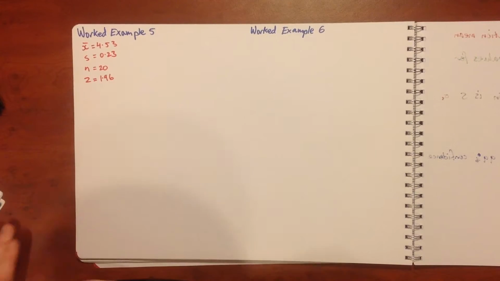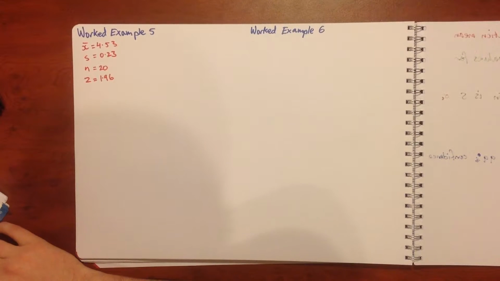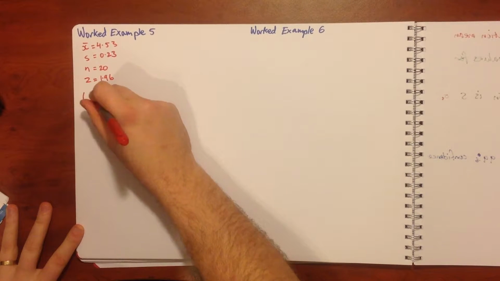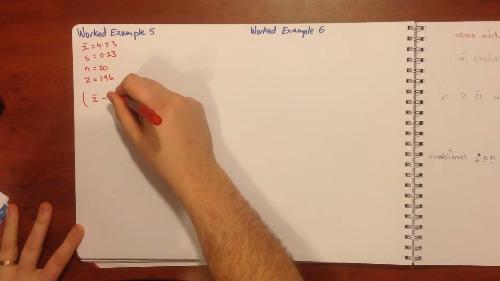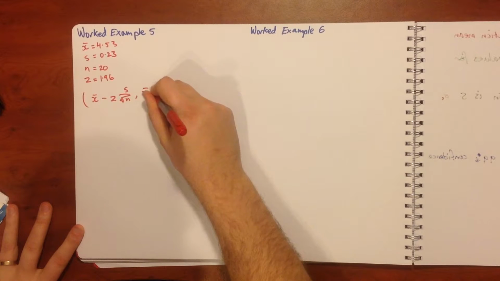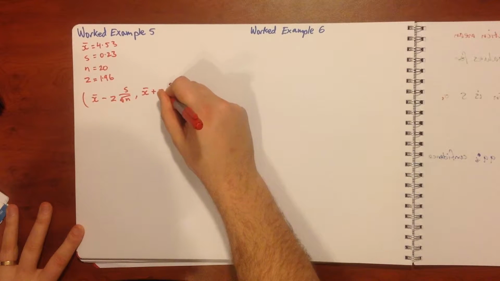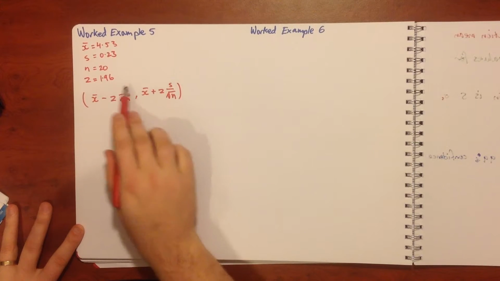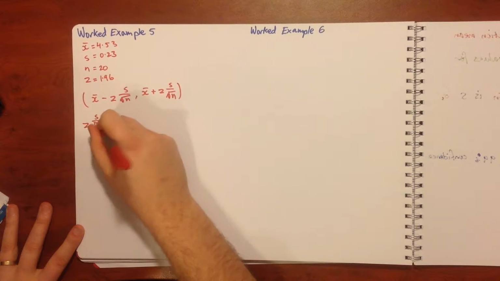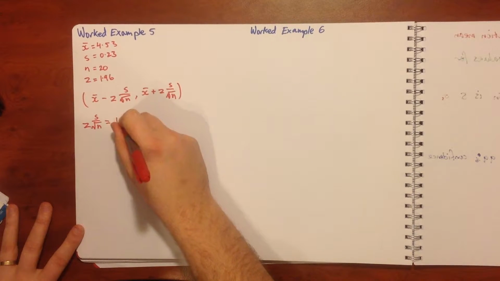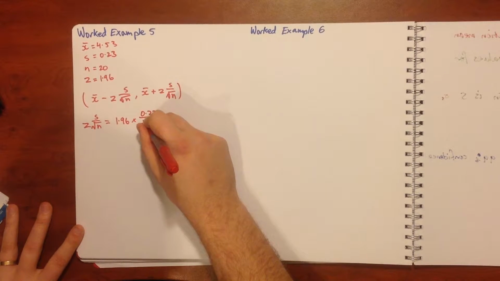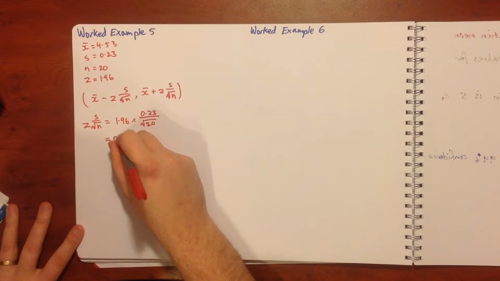So our confidence interval is given by x bar minus z times s on the square root of n, and x bar plus z times s on the square root of n. We can find out this part first. So z times s on the square root of n is going to equal 1.96 times 0.23 divided by the square root of 20. When we do that, we get a value of 0.1.